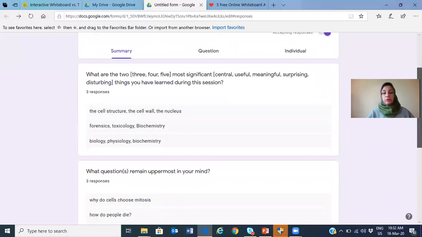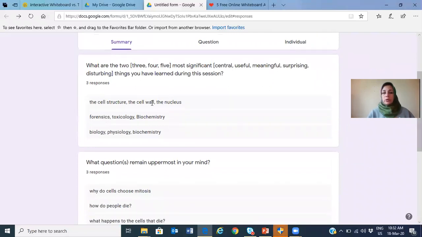It tells me that for the first question, when you ask students what was the most important thing that you learned, students highlighted these sets of things. Can you see them? Some students said cell structure, some students said forensics, whatever it is that students answered. You can see that these are 3 students that answered.